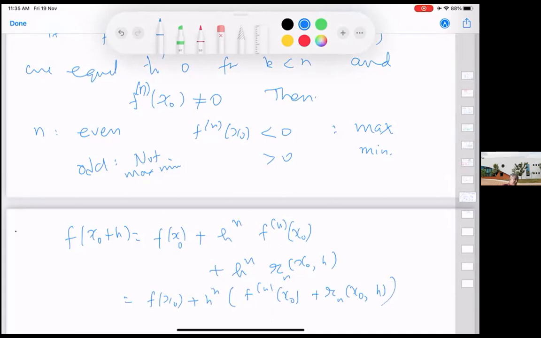And if f^(n)(x0) is positive, then for small enough h, the green encircled thing will also be positive, and the multiplier is h to the power n.